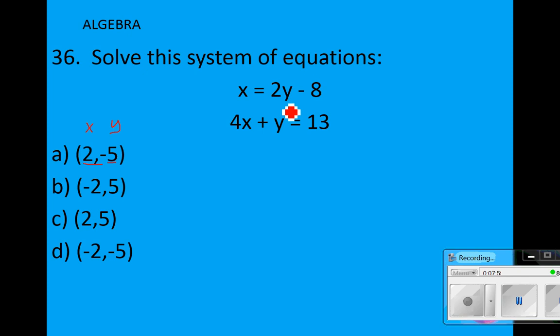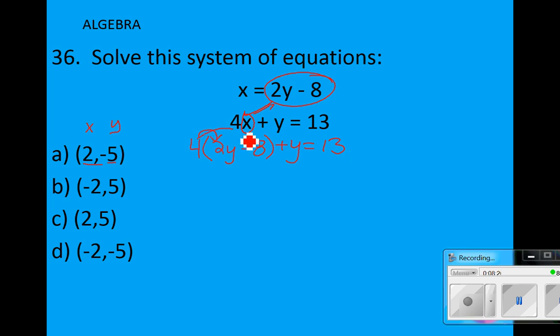I have x equals. We usually have a y equals that we circle, but in this case we already have an x equals. So I'm simply going to circle what x equals, and I'm going to substitute it for the x. So that means I have 4, and instead of x, I'm going to put that 2y minus 8, and then bring down the rest of the equation.